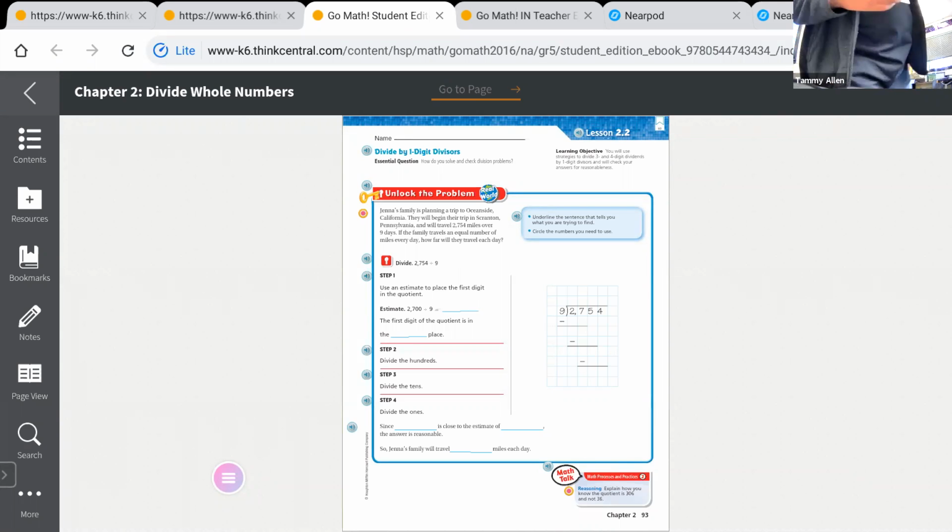Yeah. Right after page 86. Okay. So right after page 86, there's a whole list of vocabulary words that you should know.